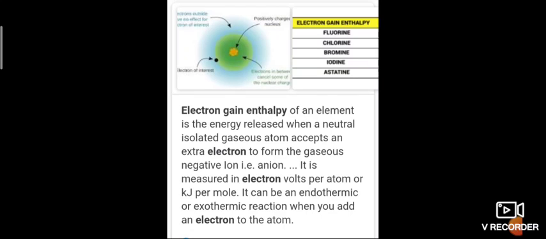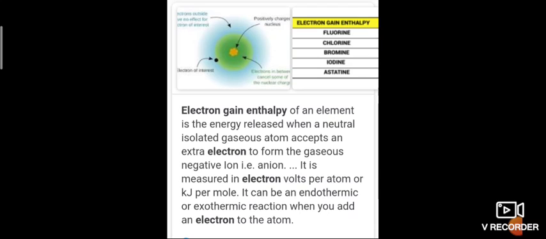Depending on the element, the process of adding an electron to the atom can be either endothermic or exothermic. What is exothermic? When you add an electron, it releases energy, then it is known as exothermic.